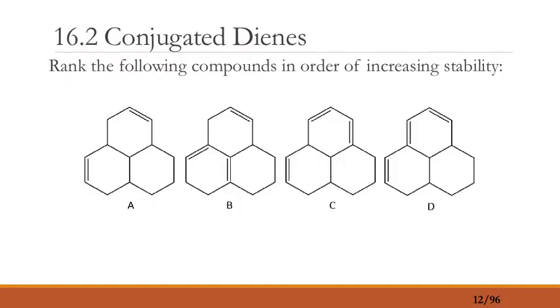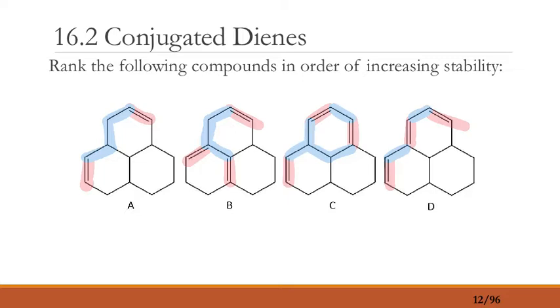All right, so rank the following compounds in order of increasing stability. We have the double bonds, I'll highlight in red, and then single bonds in blue, just connecting the double bonds together.